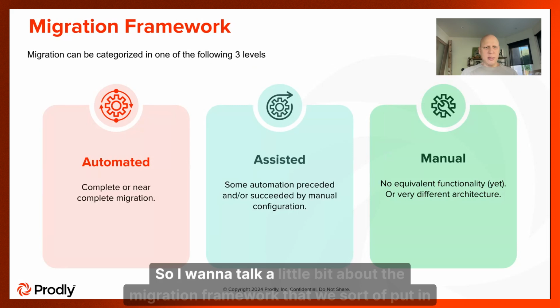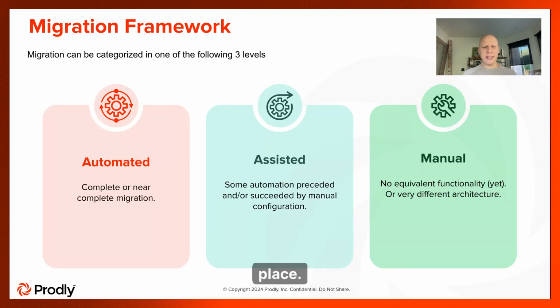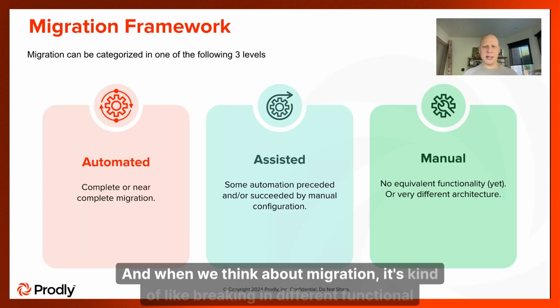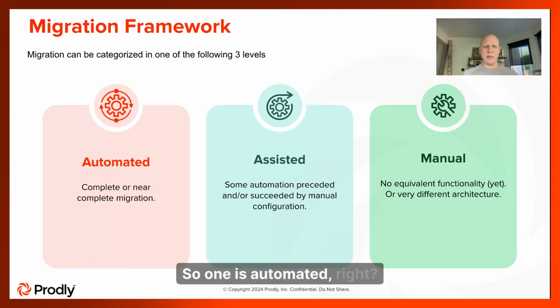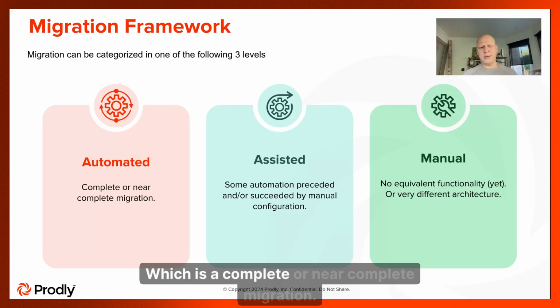So I want to talk a little bit about the migration framework that we put in place. When we think about migration, it's kind of like breaking different functional areas into these three buckets, these three categories of migration. So one is automated, which is a complete or near complete migration.